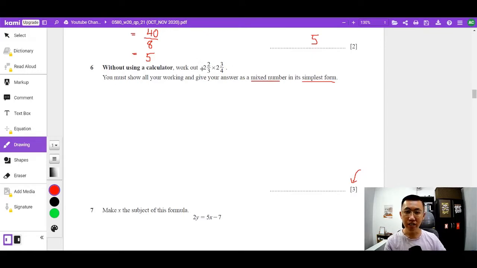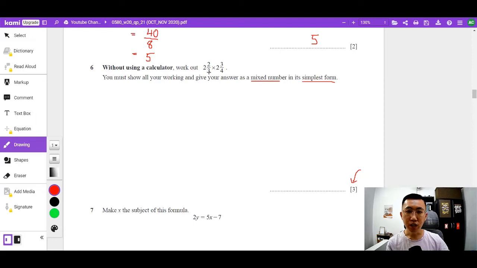Okay, question 6. Without using a calculator, work out. Alright, I can see a mixed number multiplied with another mixed number. You must show all your working and give your answer as a mixed number in its simplest form. Alright, 3 marks question. It means that 2 marks for working and 1 mark for final answer. Alright, so how to do this question? First mark is definitely changing to improper fraction, so let us do that.